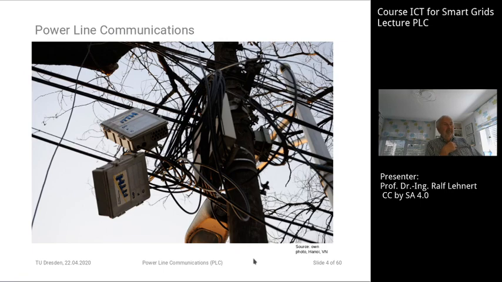Here you see this is a developing country, so the network architecture or the network hardware is, let's say, not as standard as we may see this in Germany, but here are some of the modems just attached to the cable, and the data cabling is the smaller cables here.